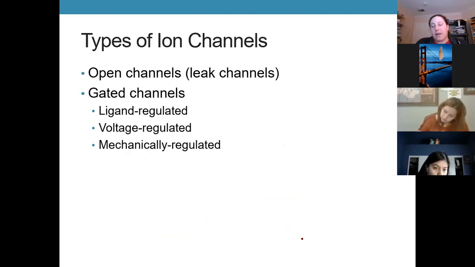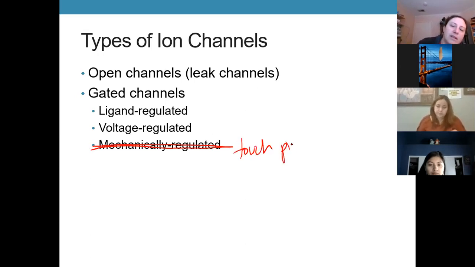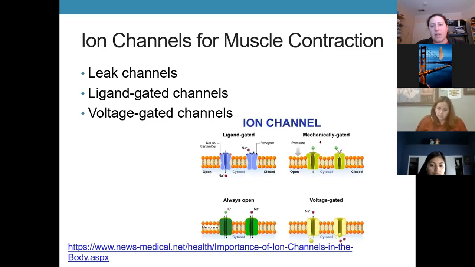Both of them make use of these different types of channels. We don't use the mechanically gated ones right here, but we're going to come back to that when we get to the sensory stuff in the nervous system, which is basically touch and pressure. That's why I typically mention it here, but then we don't actually talk about it. The ones that are relevant for the electrical activity between neurons and muscle cells are the leak channels.